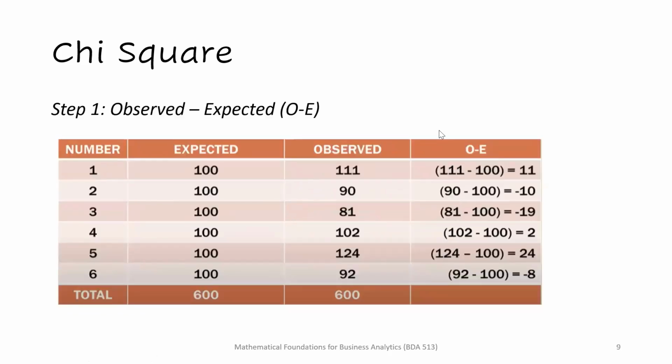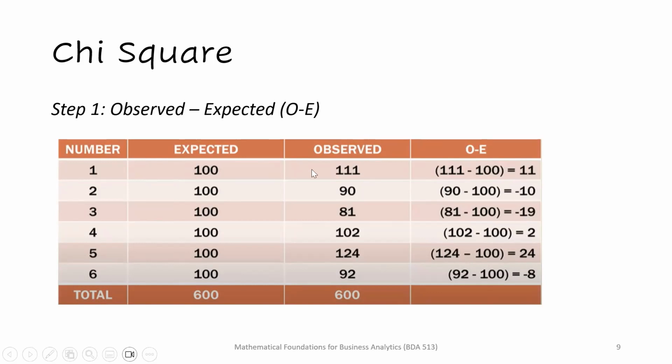So what we do is deduct the observed from the expected, which gives you this difference. When you deduct the observed and the expected, it gives you 11.